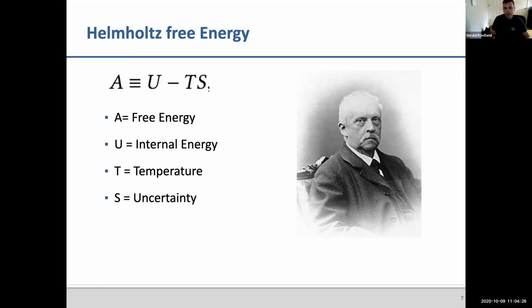This was the age of new sort of industrialism, right? And when I have a machine, we can do all this physics, and we built the machine. It's awesome, but for some reason, there's always a loss, right? And he wanted to know how can we actually categorize this loss.